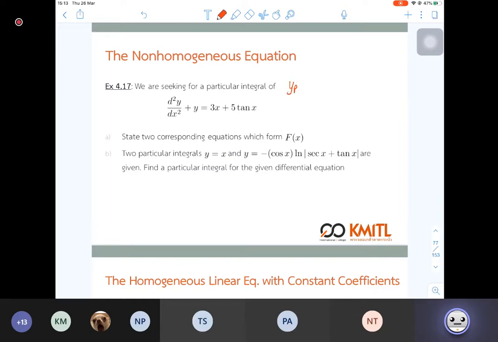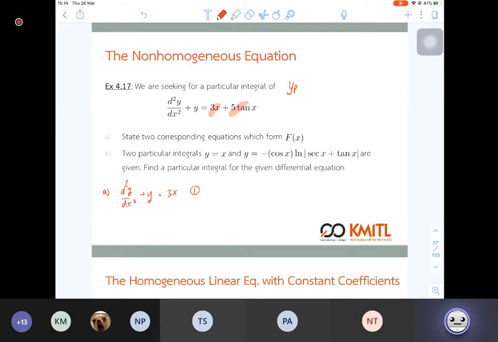And you know that this is the combination of the two right-hand sides, right? So the corresponding equation for the first would be d squared y by dx squared plus y equal to 3x. This is the first equation.